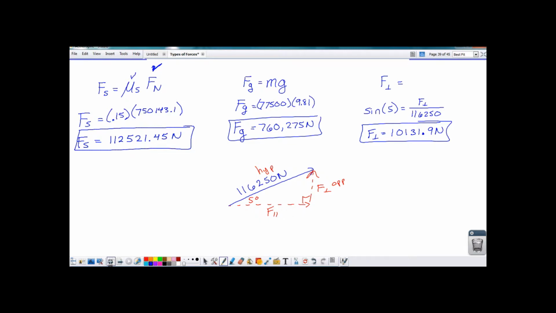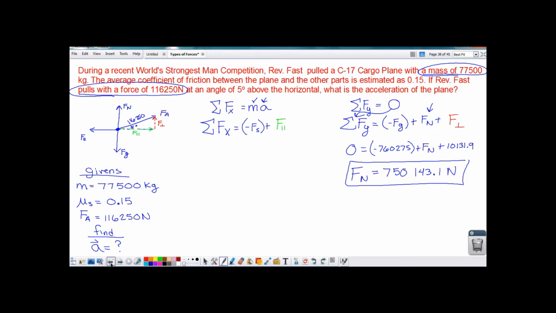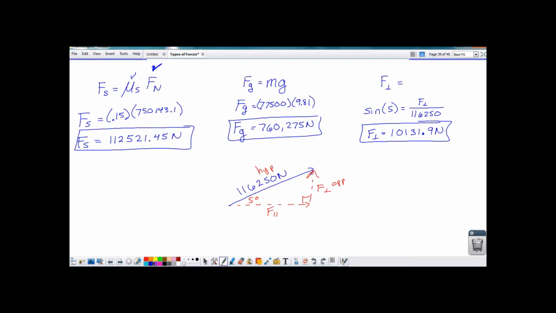Now we're trying to find the acceleration. We know the mass, we know this. We just need one more thing: the parallel component. Let's go back over here and look at this parallel component. This side is the adjacent side to the 5 degrees, and we've got the hypotenuse.